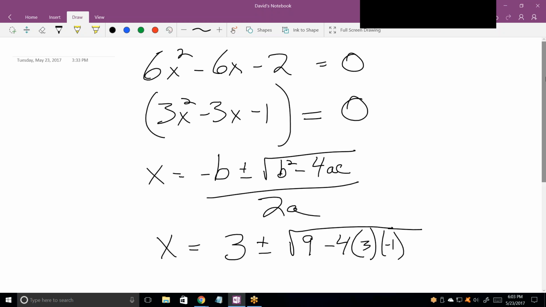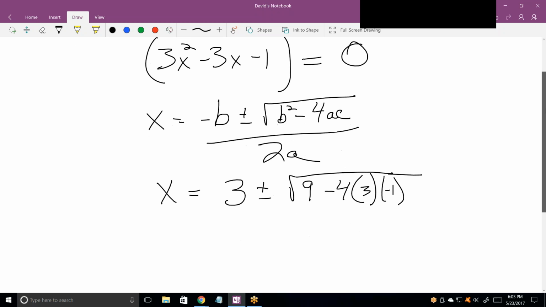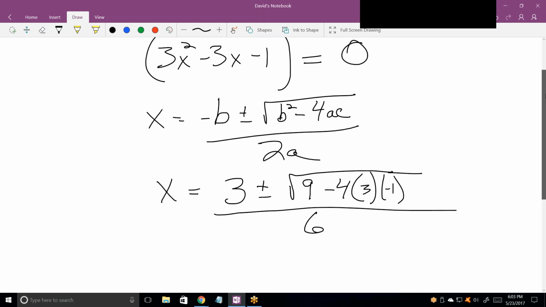In other words, you never ever try to do that step in your head. The reason is it's so easy to make a mistake with the sign. All over what? 2 times 6. I don't mind doing those steps in your head.